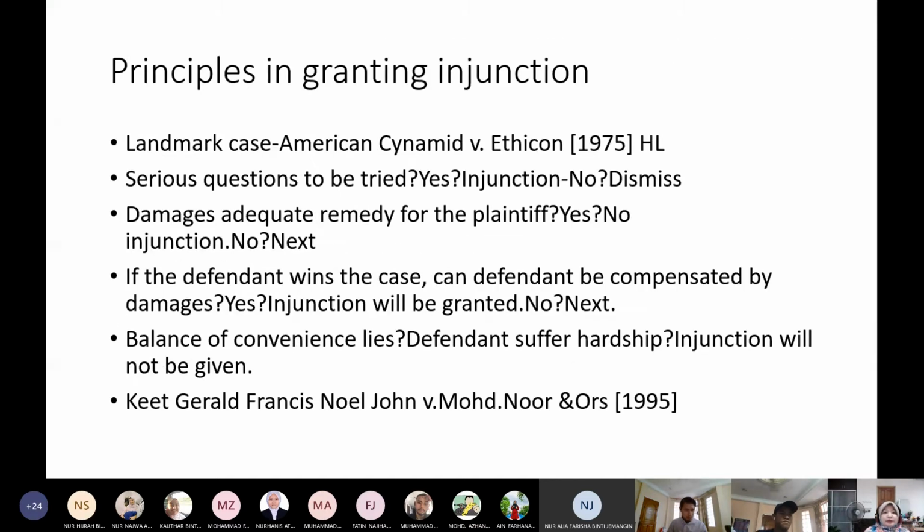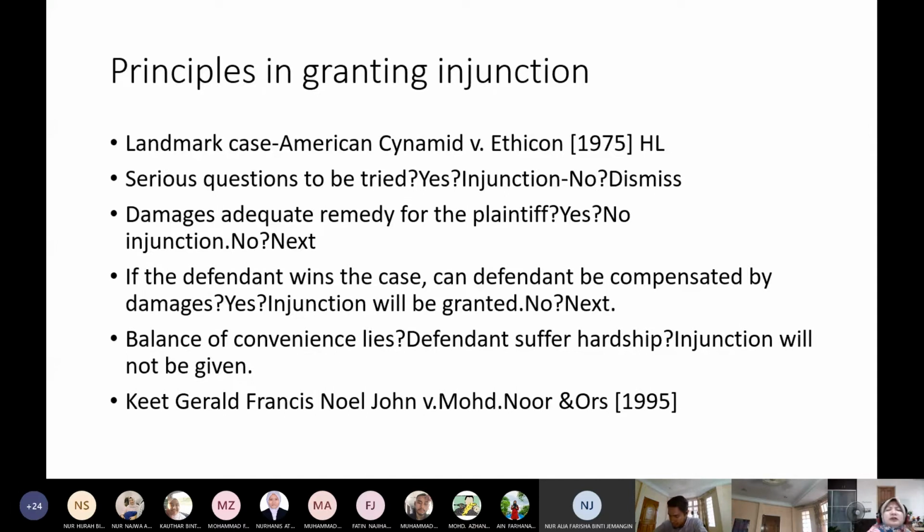Okay, so these are the important principles in granting injunction that you must know. The landmark case, you must know. Have a look at this case. Not just have a look.